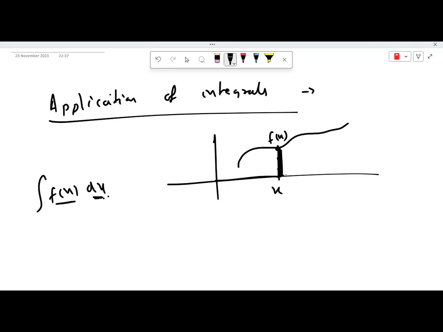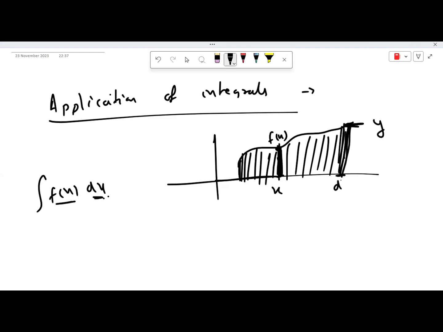So what you do is you divide this whole part into small rectangles. Now integration means you are adding up all the area of these rectangles. How? F of x means this height. Let's take the last one to be clear. F of x means this value of y, height, and dx is this width.